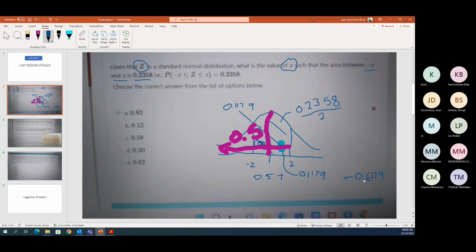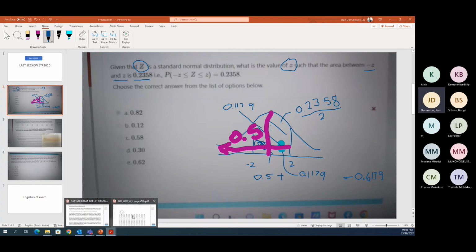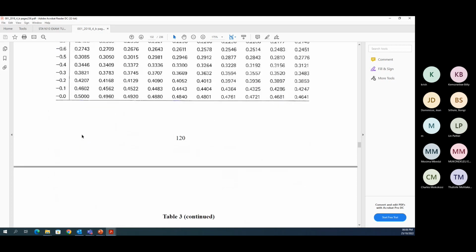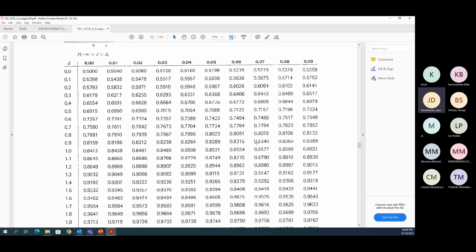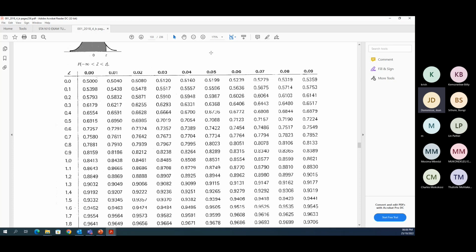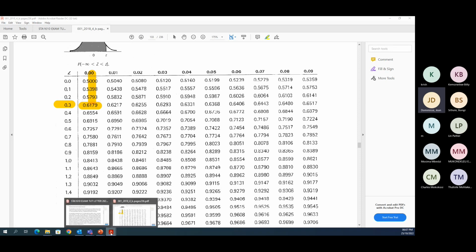Okay, so then with that we can go to the positive table, the Z table, and in here we need to look for 0.6179. Okay, so there it is, 0.6179. So the Z value is 0.30. So the Z value then is that, so it's 0.3.